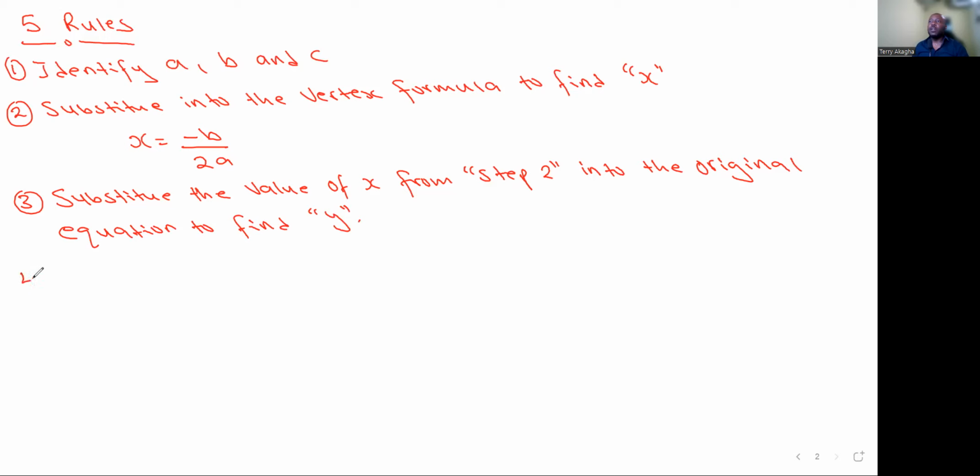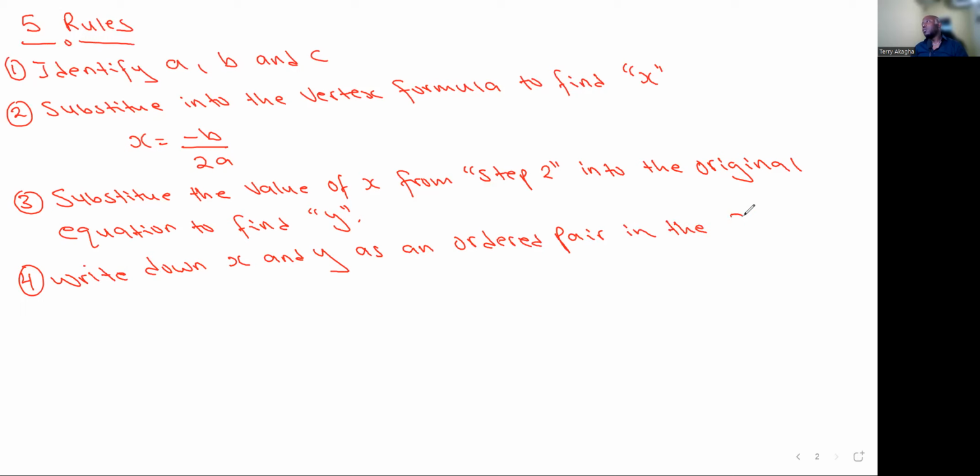Then when you're done with that, number 4, you write down the x value and y value as an ordered pair, in the form (x, y).